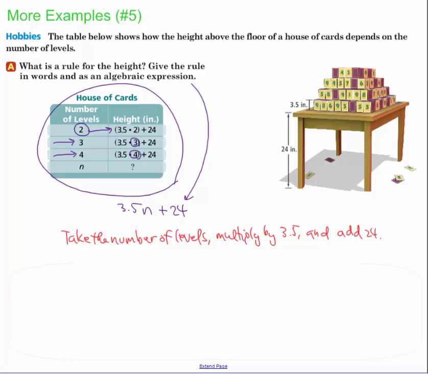Now you could say this in many other ways. You could say the sum of 3.5 times the number of levels and 24. Or you could say the product of 3.5 and n plus 24. There are many different ways that you could phrase this, but there is an example that gives you an idea.